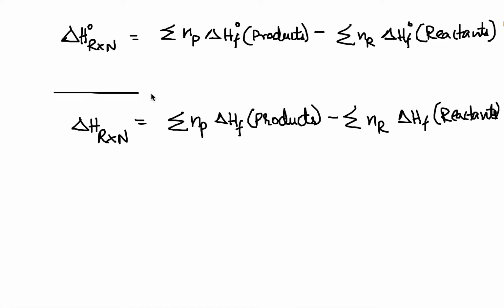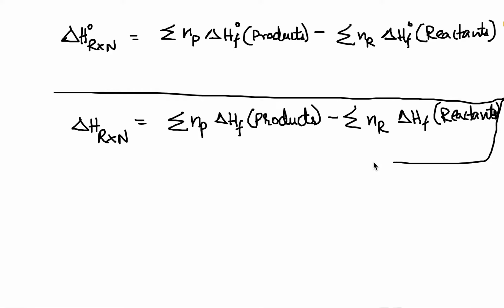So this is the formula for enthalpy of a reaction. We must know each and every substance involved in the reaction, their enthalpy of formation values, and the stoichiometric coefficients. Then we will be able to find delta H reaction for that balanced reaction.